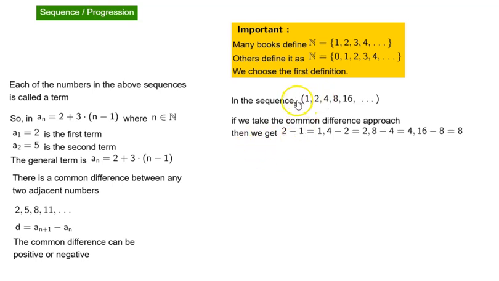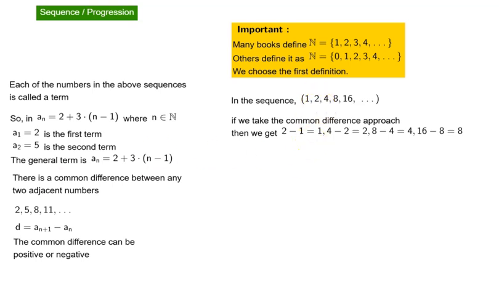Then we get 2 minus 1, 1, 4 minus 2, 2, 8 minus 4, 4, 16 minus 8, 8. So there is no common difference. The differences are 1, 2, 4, 8. So it doesn't satisfy this particular property: there is a common difference between any two adjacent numbers.